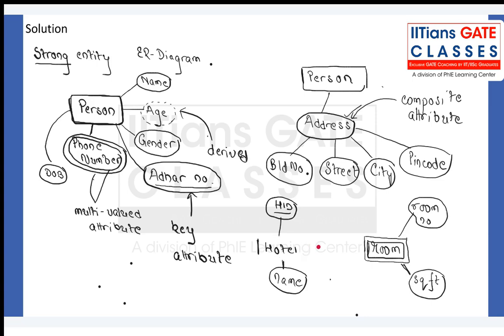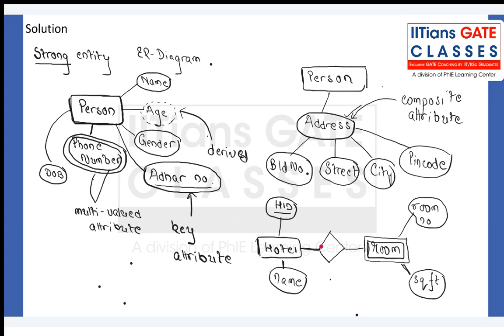Relationships are like this. They are represented using a line, and there's a diamond here, and this is connected here. So this is a relationship.